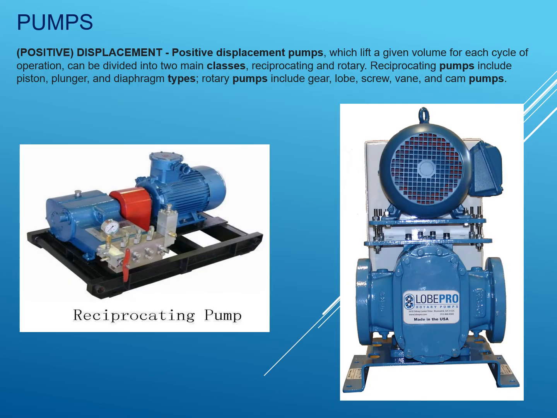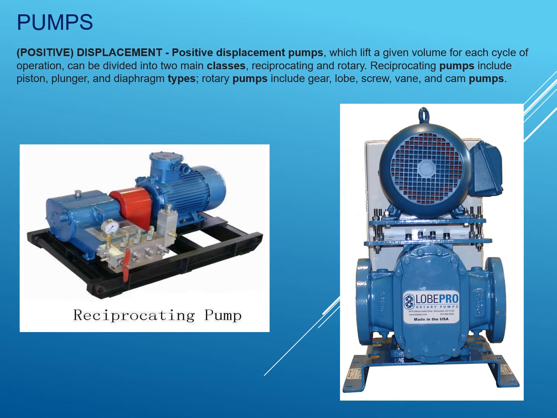Now, another type of pump is also called a positive displacement pump, which lifts a given volume of water for each cycle of operation. It can be divided into two main classes: reciprocating and rotary. Reciprocating pumps include piston, plunger, and diaphragm types.